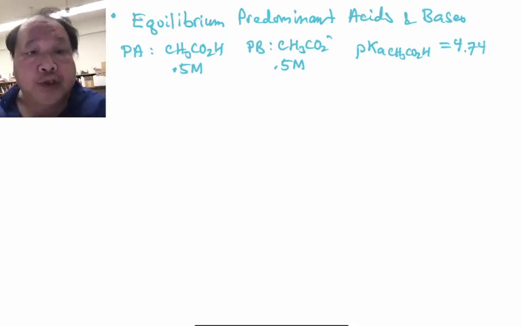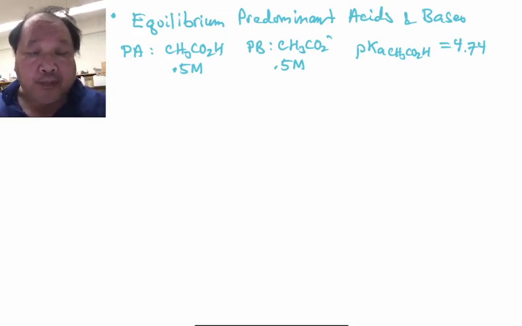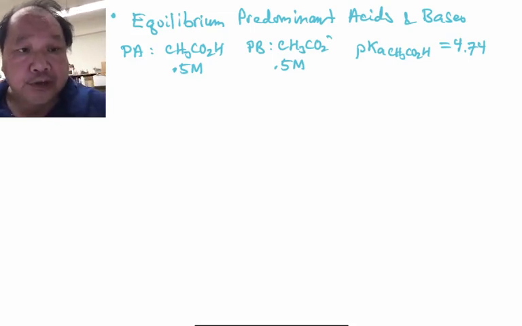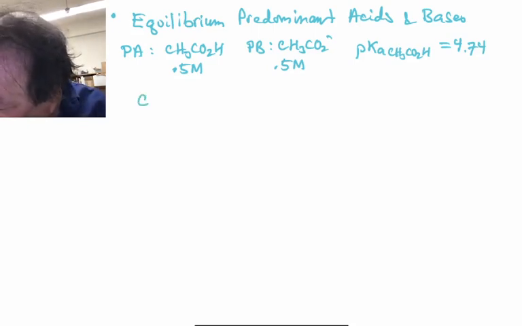So since these are the predominant acid and predominant base, they are the strongest acid and base present. They are the acids and bases that are going to react first. And so if we look at the reaction of the strongest acid and base, we see something very interesting happens.